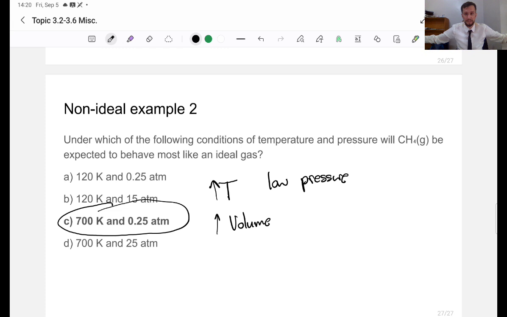So the space they take up is not really significant, and their intermolecular forces are not significant. And so those are the conditions most ideal: high temperature, high volume, low pressure, because we want to get the gas particles as far away from each other as possible in order to make them most ideal. Because when they interfere with each other, they're less ideal.